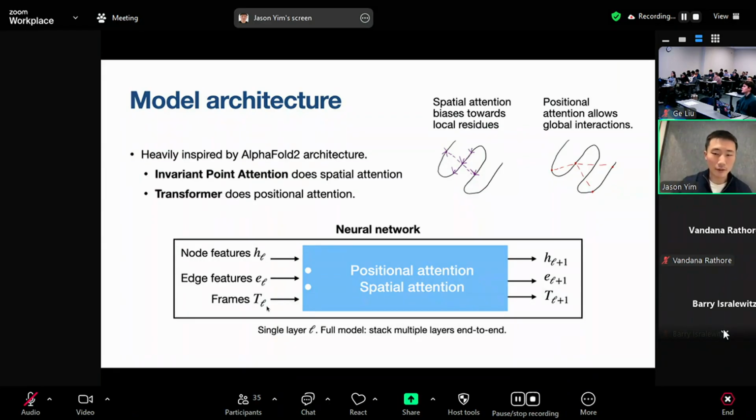And of course, you have the frames that, as I discussed, are also going to be talking to each other based off the invariant point attention. And so in the neural network, we do both the positional attention and the spatial attention multiple times. And this L stands for the layers, so you do this multiple times so that the model builds up a very rich understanding of the current protein structure. And what we found is that having both attentions is very important for this model to work properly.